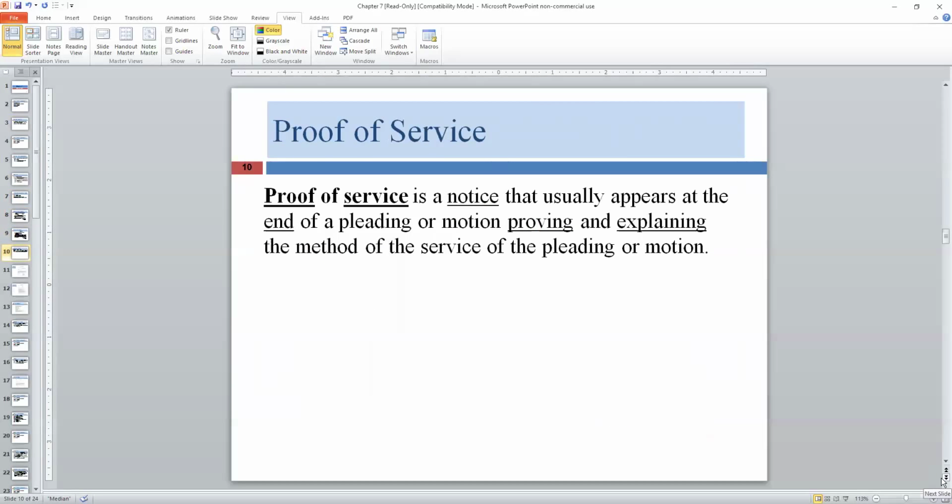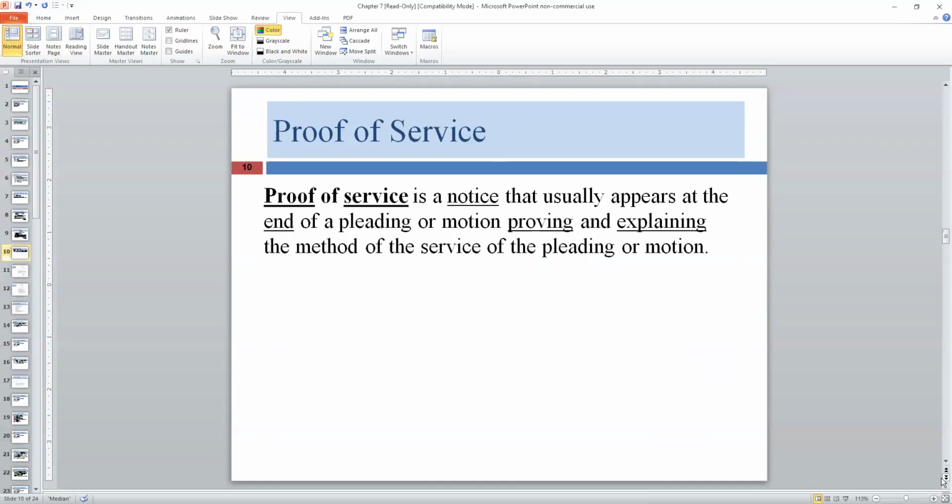Let's consider the topic of proof of service. Now we're going to be filing motions in federal court. We're going to be filing those electronically, but still you're going to include a proof of service. It's a notice that usually appears at the end of a pleading or a motion, and its purpose is to show the court that you actually sent this to the other side. And many electronic filing systems will automatically send anything filed by one party to all the other parties.